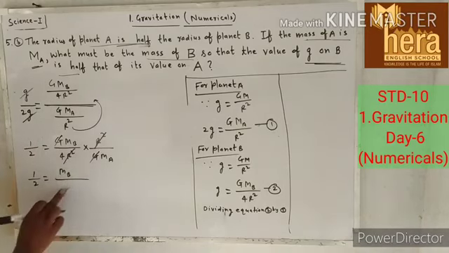Therefore MB is equal to 4 MA upon 2. 2 twos are 4. So therefore at last you have to write: MB is equal to 2 MA.